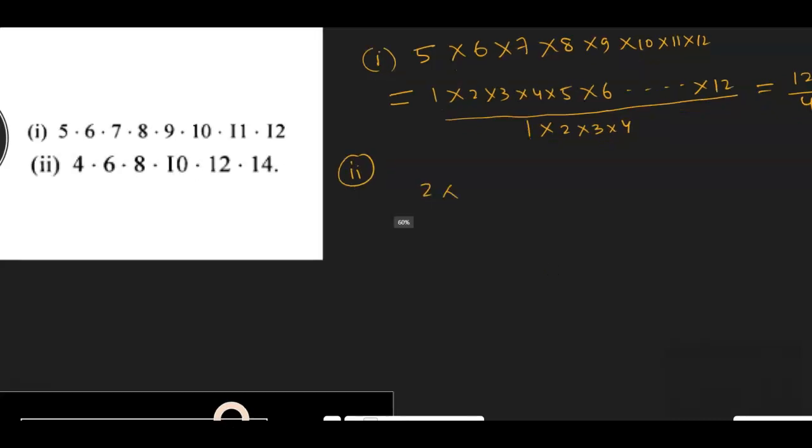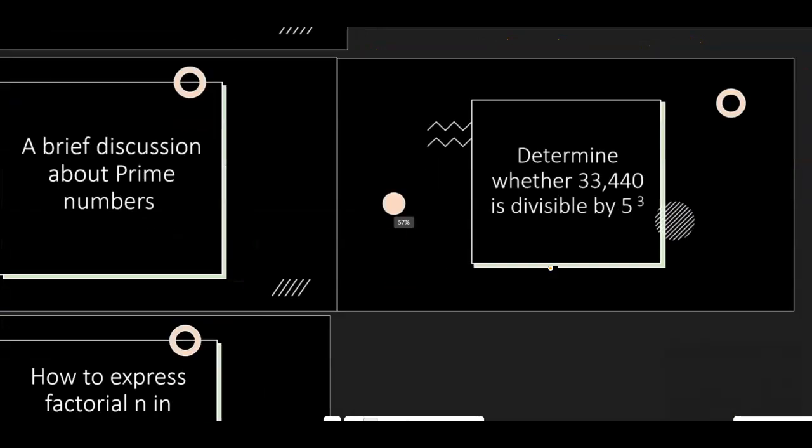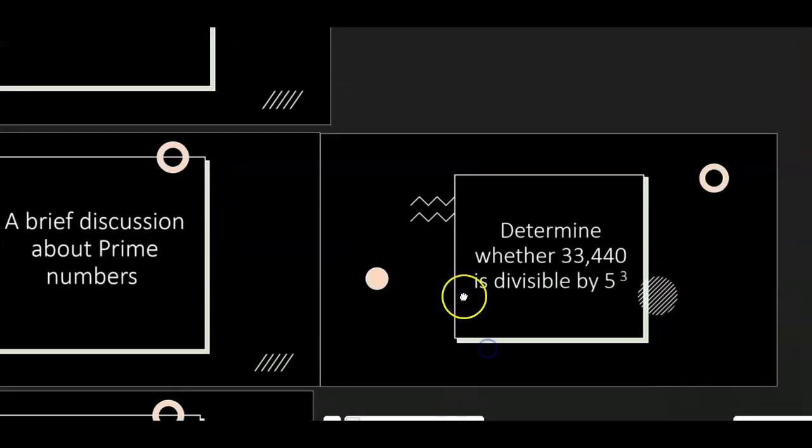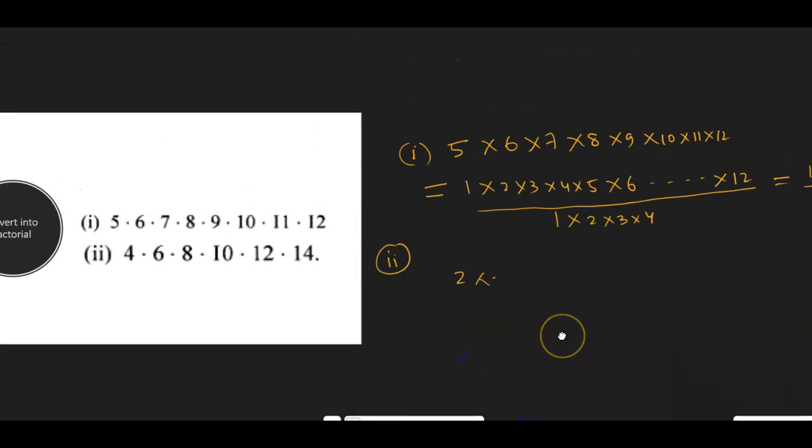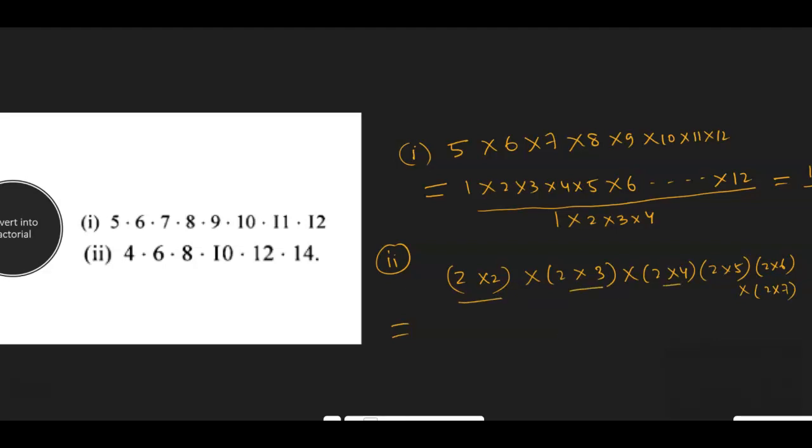So you start writing 4 as 2 into 2. 4 you write 2 into 2, 6 you write 2 into 3, and 8, 2 into 4, 2 into 5, 2 into 6, 2 into 7. So from each bracket you take 2 common.